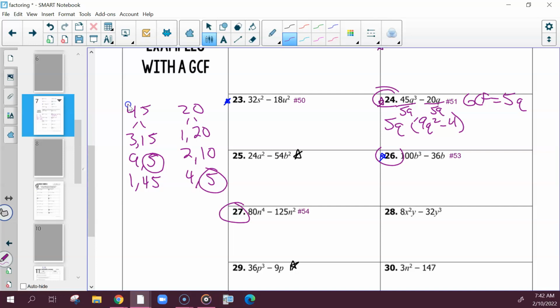The difference of squares, yeah. Because 9 and q squared are both perfect squares, 4 is a perfect square. So if we were to find our new factors, what would they be?